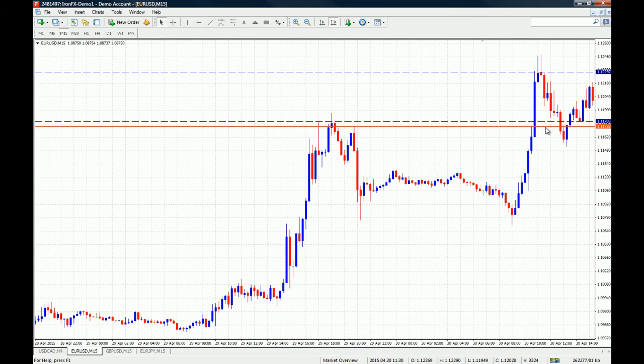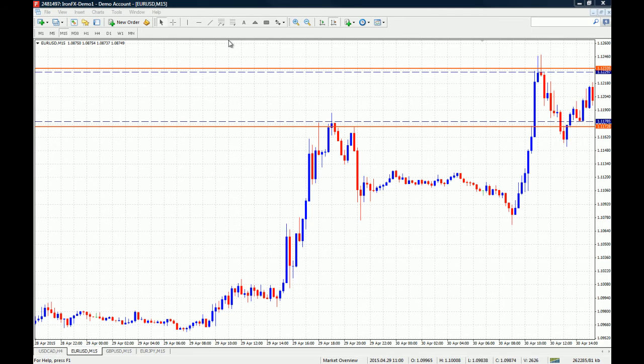So this is our sell stop, and this is our buy stop. If we have good employment numbers, price will go down, and it will fill us on the short side. If we have bad employment numbers, price will go up, and it will fill us on the long side of the trade.